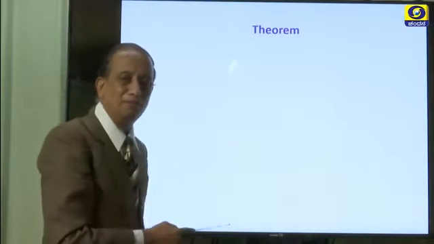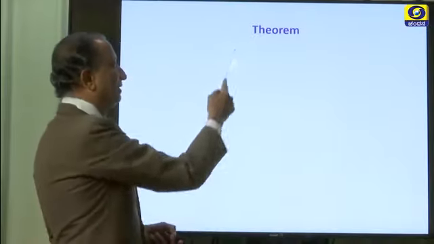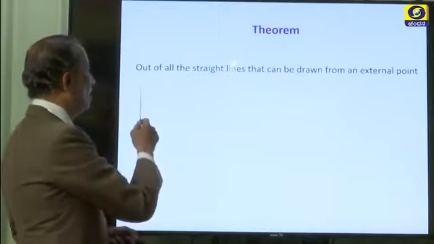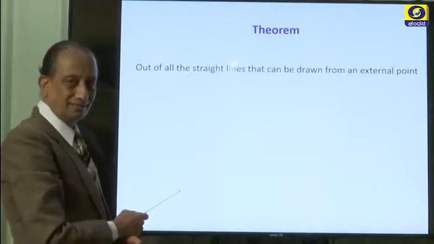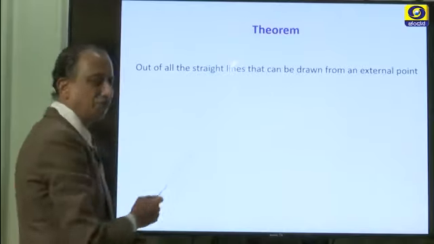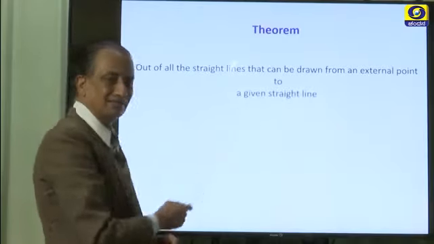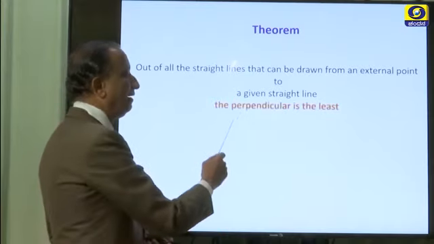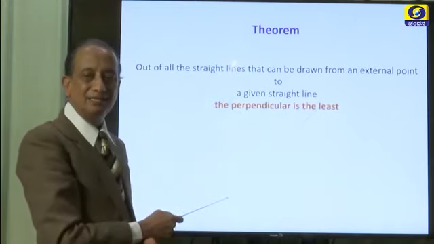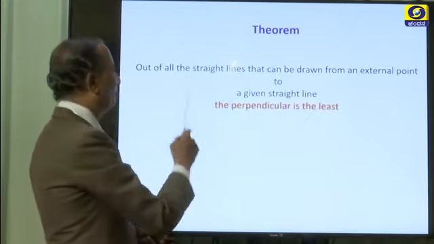We need the help of another important theorem. The statement is this: out of all the straight lines that can be drawn from an external point to a given straight line, the perpendicular is the least.